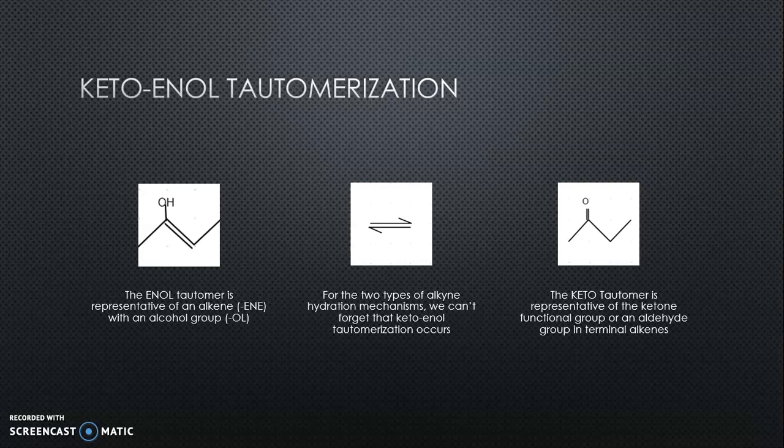So I have an example of the enol tautomer, and where we get this name enol is because of this alkene, this double bond here, we get the ene, and we have an alcohol group, we get the ol, and that's where we get the enol from. And then the keto form is just representative of the functional group ketone, and it can also be an aldehyde.